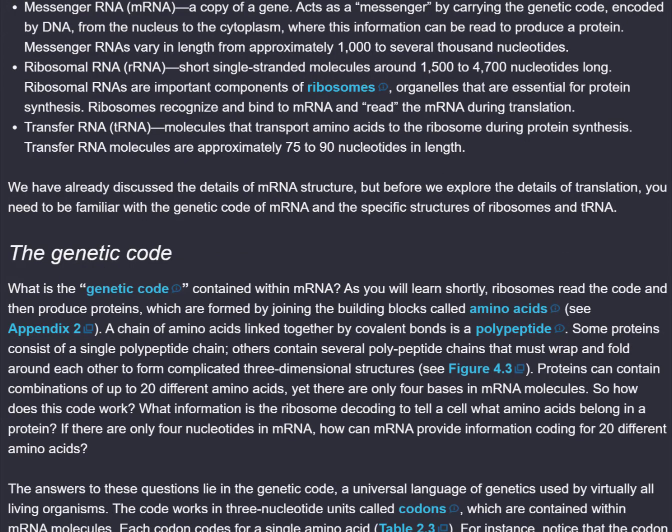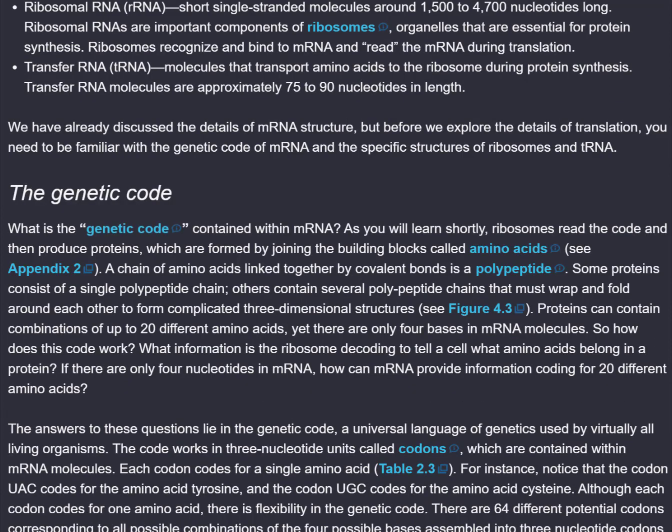Messenger RNA, mRNA, a copy of a gene, acts as a messenger by carrying the genetic code, encoded by DNA, from the nucleus to the cytoplasm, where this information can be read to produce a protein. Messenger RNAs vary in length from approximately 1,000 to several thousand nucleotides. Ribosomal RNA, rRNA, short single-stranded molecules around 1,500 to 4,700 nucleotides long.